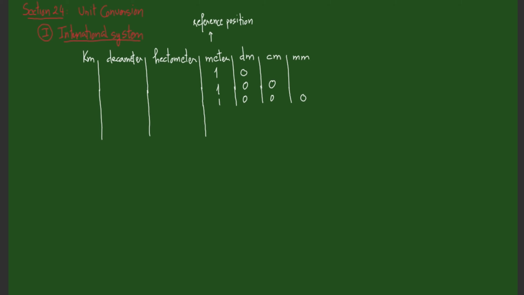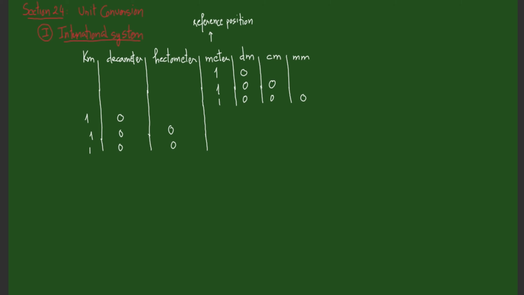So 1 kilometer is 10 decameter. 1 kilometer is 100 hectometer, and 1 kilometer is 1,000 meter. And you do the same.